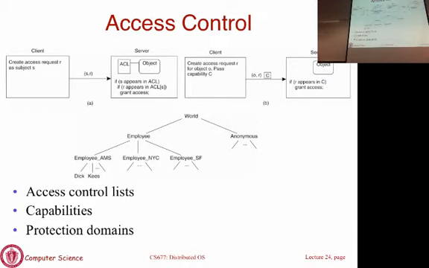So with that background, we will spend a little bit of time talking about how some of these principles are used in enterprise environments and distributed applications. So first, just to give the right background, we'll talk a little bit about access control and access control lists.